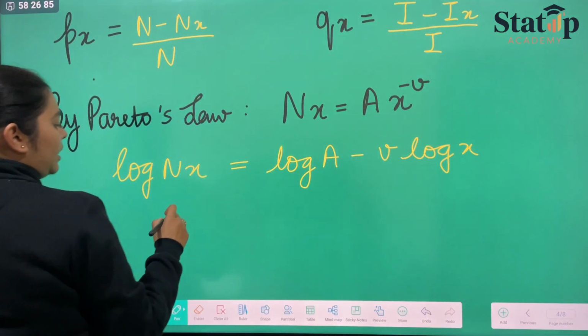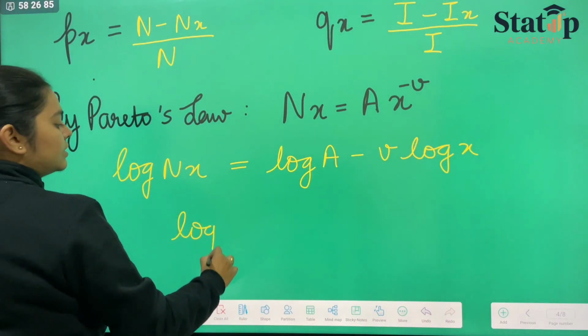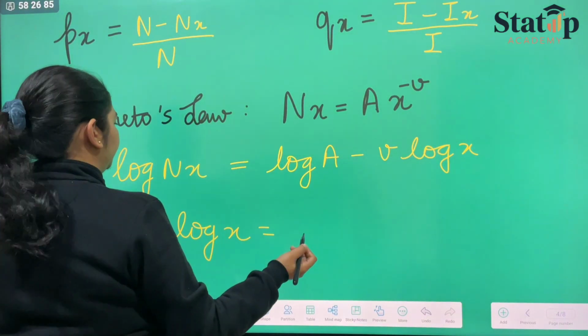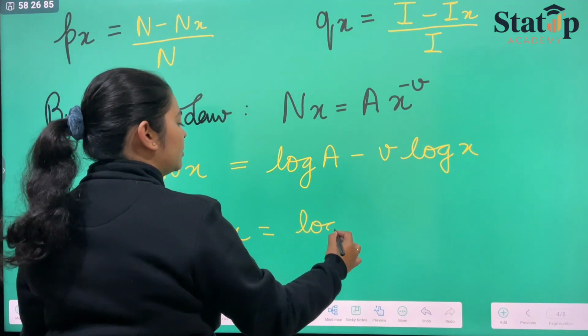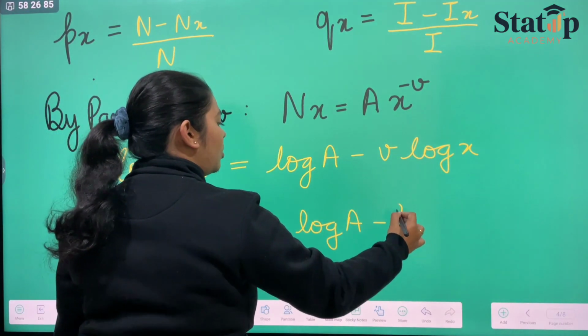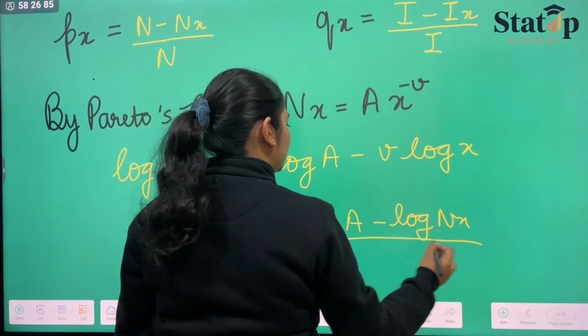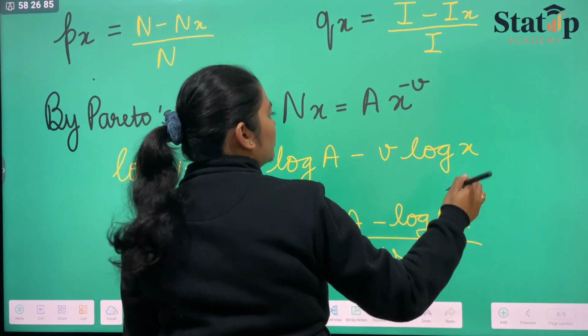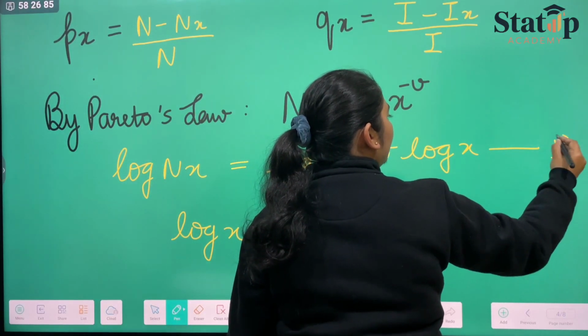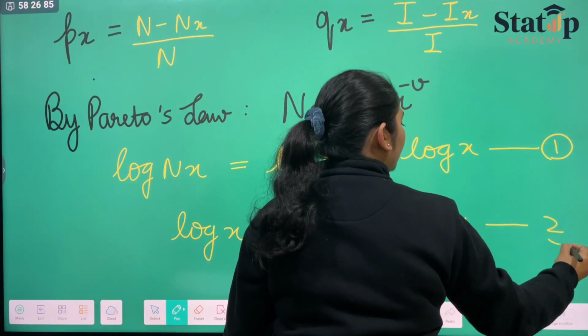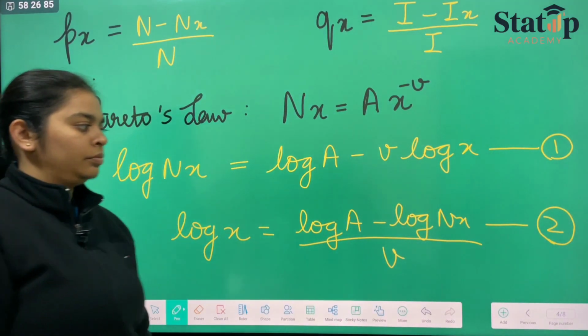And from here we can also take log of x as equal to log of a minus log of Nx upon v. So let us take this as equation number 1 and this as equation number 2.